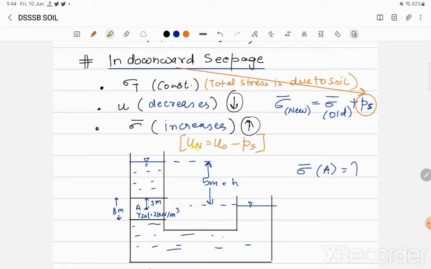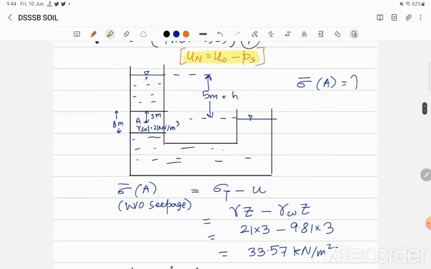You can see the new pore water pressure becomes U old minus seepage pressure, and effective stress increases by PS, as you can see from this formula. Now you can see from the diagram itself, this level of water is higher and this level of water is lower. So this is an example of downward seepage.